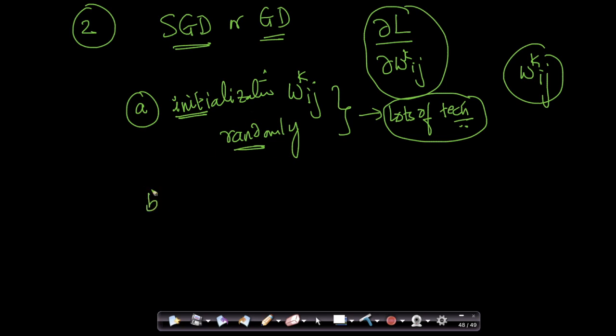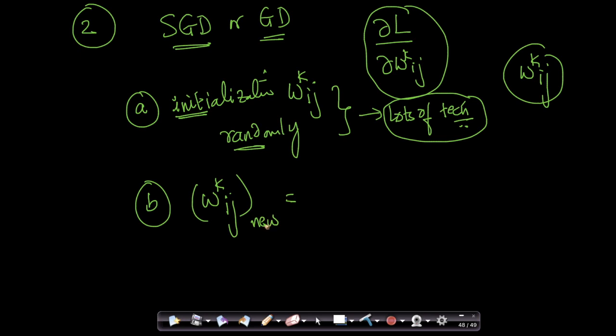That's the first step. The second step is, how do you update any weight? Take any weight, for example. Suppose you have a weight Wkij. And what does gradient descent do? It iteratively keeps changing these weights in a for loop like structure.